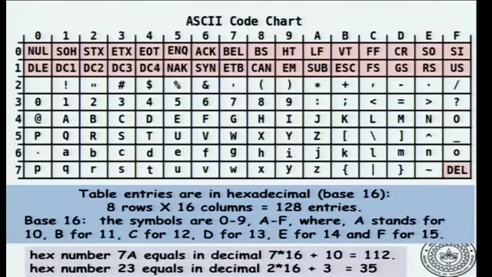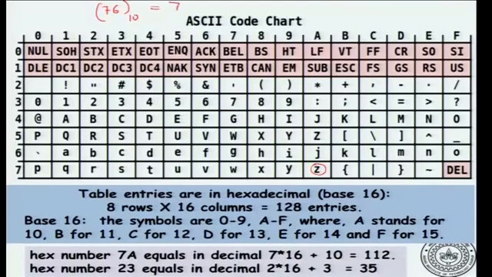Let's look at what the number 7A represents. 7A is row 7, column number 10. What does 7A represent? It means 7 times 16 plus 10. In base 10 notation, take the number 76, for example.